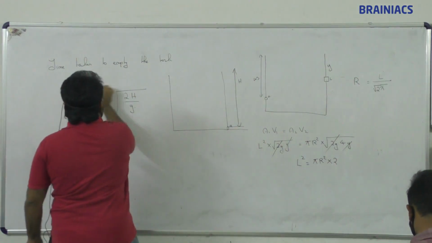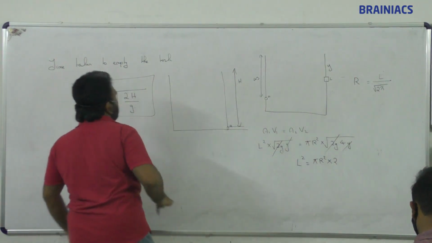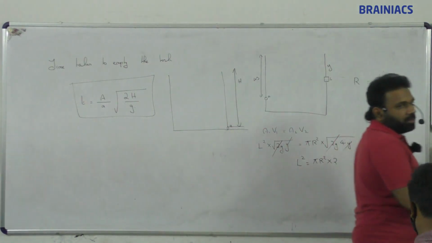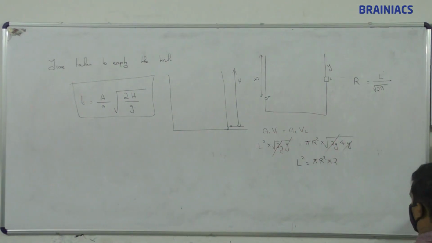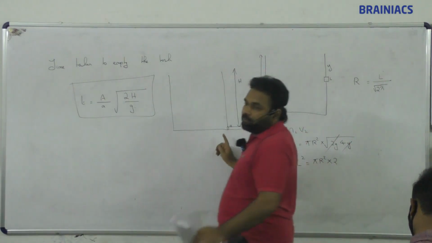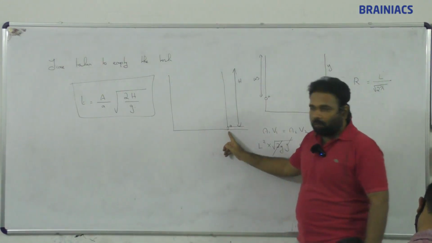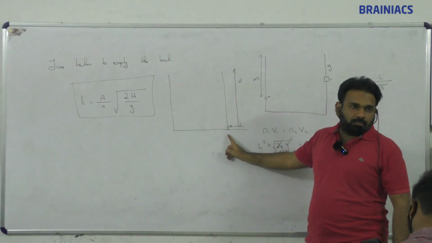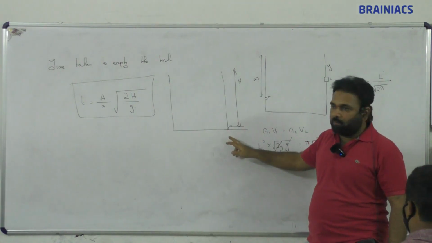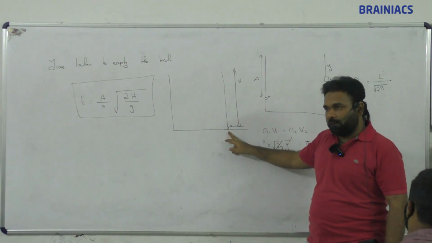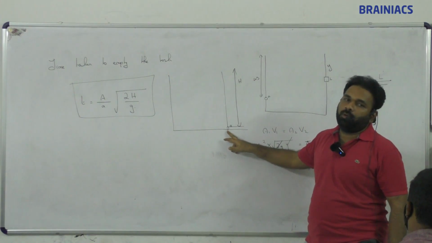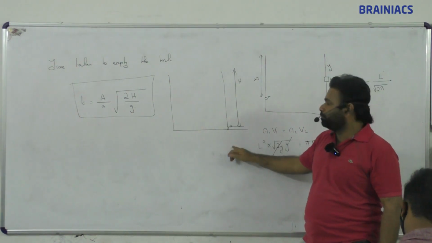So the formula for time to empty the tank. So the tank will be empty if we have the hole at the bottommost point, correct or what? Here if we put the hole, then only tank will become empty.